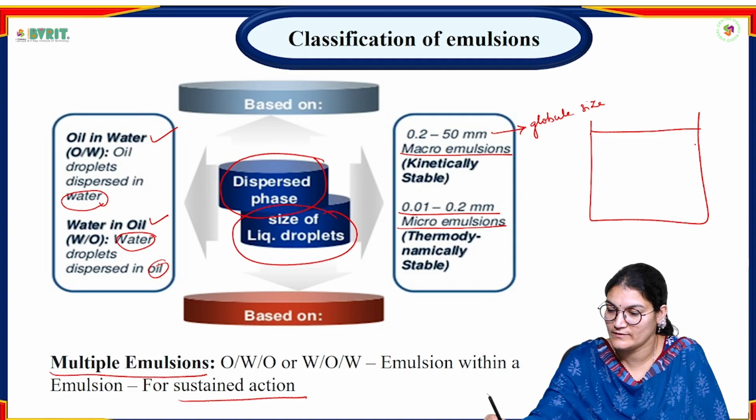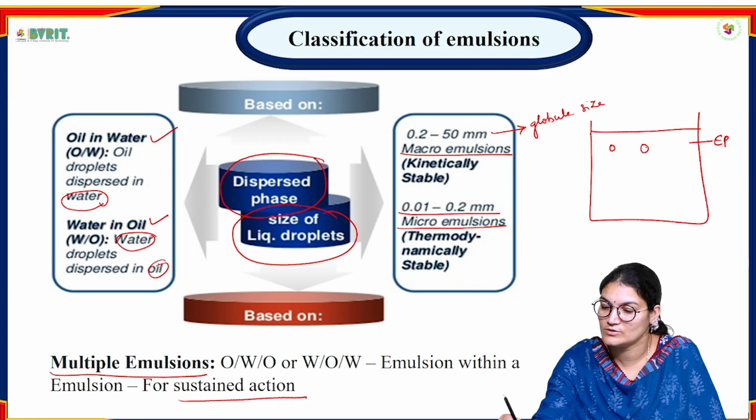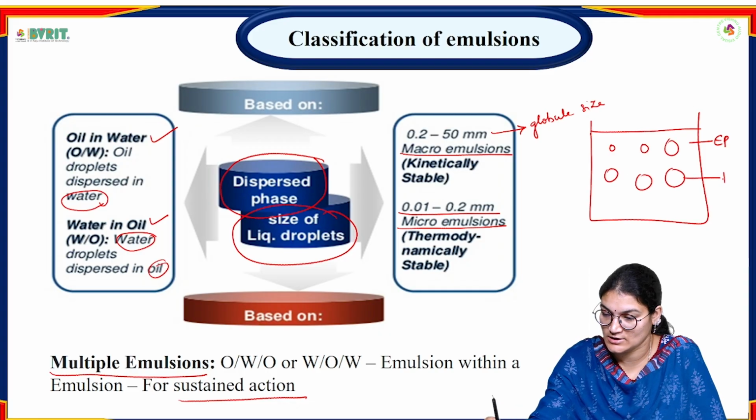The first liquid is called the continuous phase or external phase, and the globules which are formed are called the internal phase, and again inside the globules we have other globules.